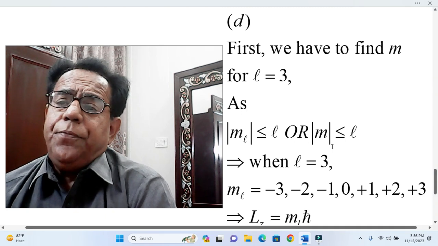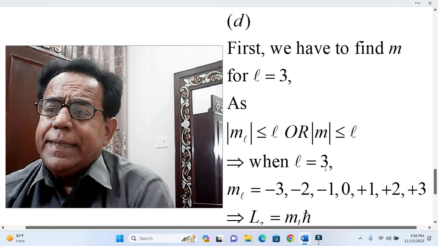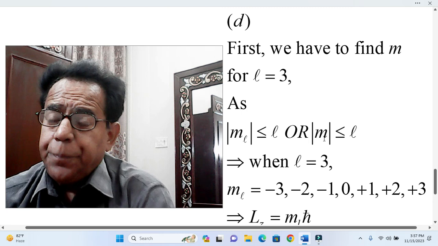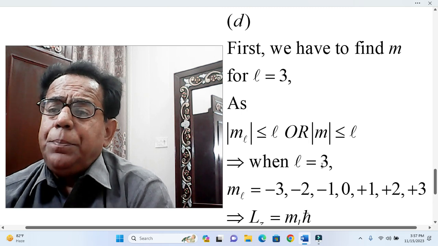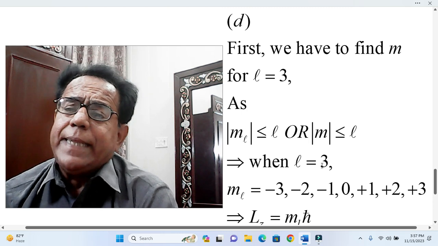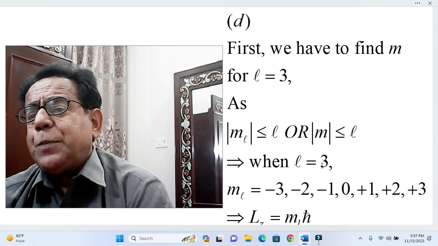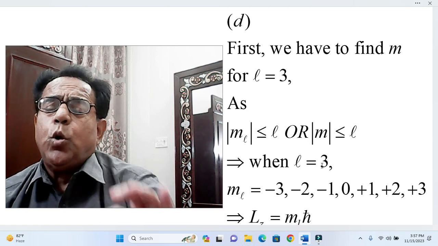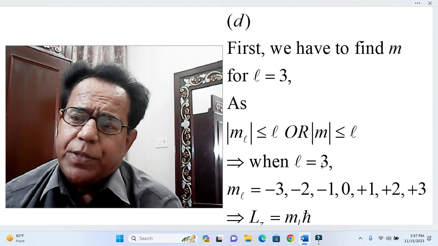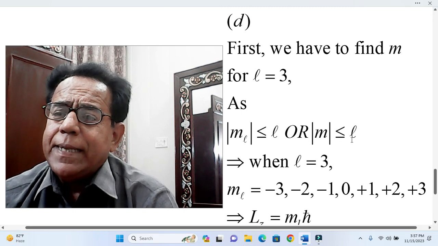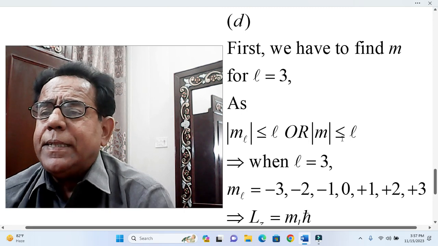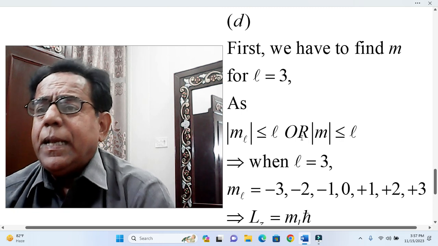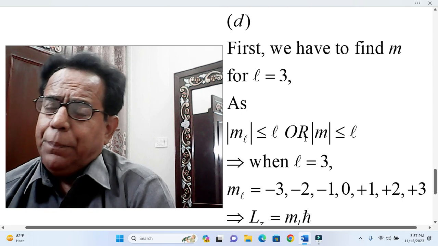So when l is equal to 3, m will be of such nature that it will extend from minus 3 to plus 3, and 0 will fall in the center of it. As I have said, small l is equal to or greater than small m, and small m is equal to or greater than minus l.